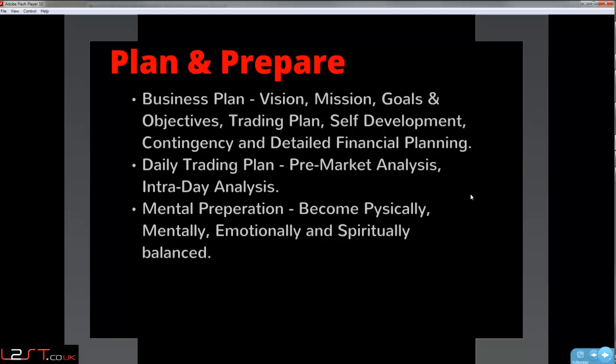Remember, goals are different to objectives. Goals are more abstract. They are like, okay, I want to be a successful trader, but you can't measure that. Okay, objectives are more concrete. They are more well defined. So for example, your goal maybe you want to become a consistently profitable trader, but how would you know that you are a consistently profitable trader?